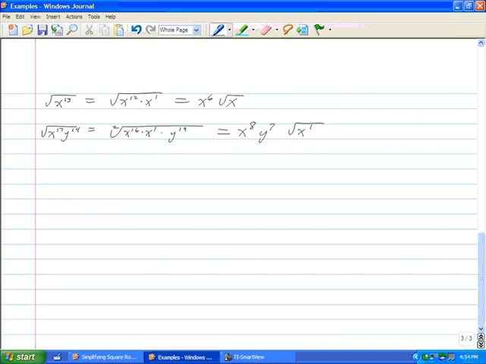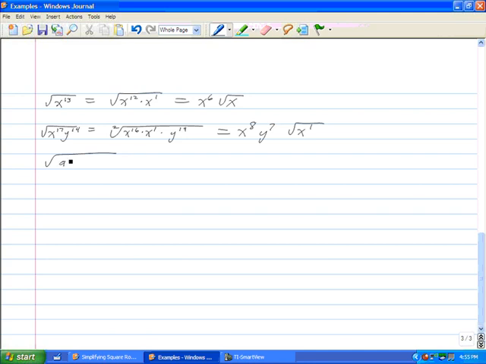And actually what that brings us to is a very interesting little trick that you can use. Works with not just square roots, but any root. You can actually take the power on the variable and divide it by the root and see what the result's going to be just based on that.